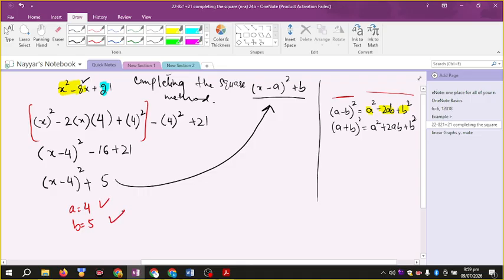This is how you have to solve the quadratic equation. Minus 4? No, the minus was already in the formula, so I'm not going to write the minus here, because in the formula they have asked for x minus a whole square plus b. Minus is already there, so I'm not going to write it specifically with the value of a. This is how you have to find the values of a and b, and this is how you have to solve the quadratic equation with the completing the square method.